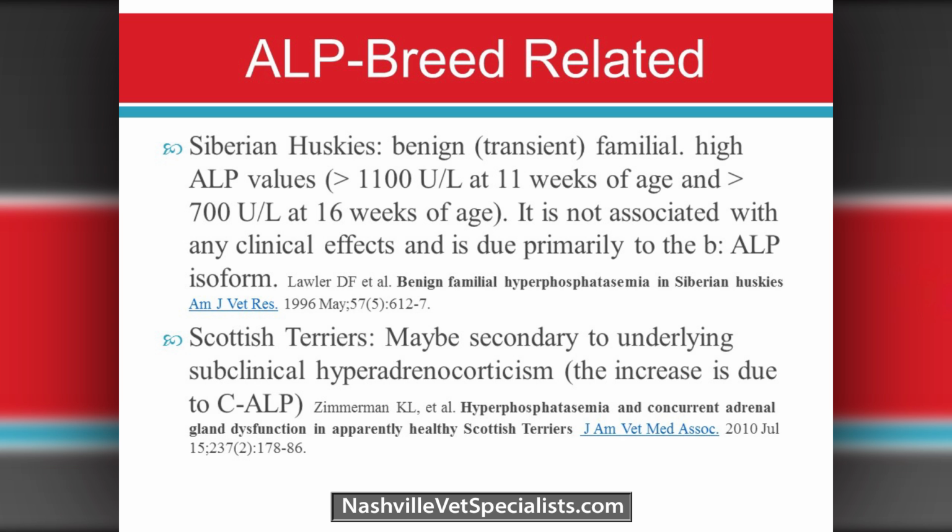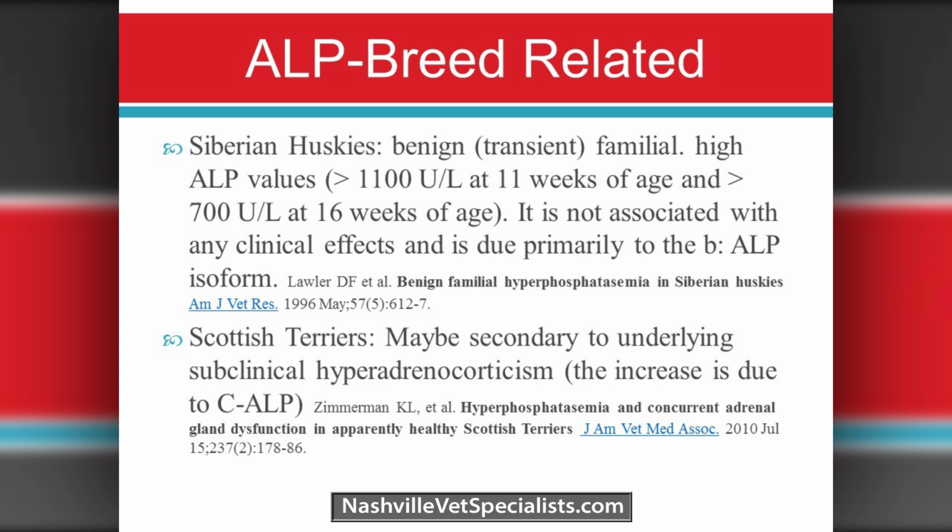And then the Scottish Terriers, that one we do see a lot. A long time ago, I think maybe 2000 or 2002, we called it Scotty hepatopathy. And then there were some papers saying, hey, if you take out all these normal Scotties, they also have higher ALK-Phoses in general, and they're not even Cushingoid.